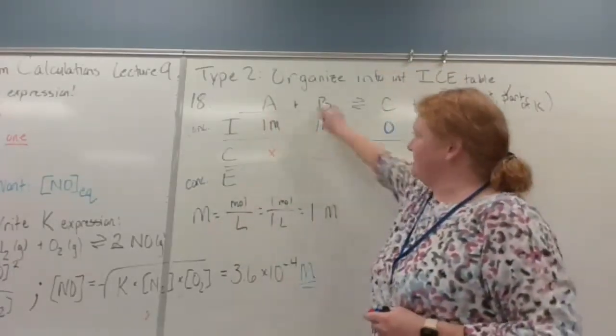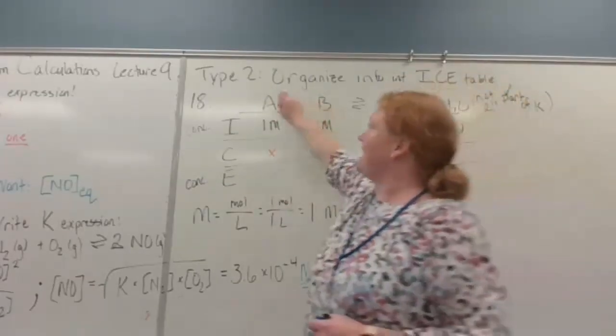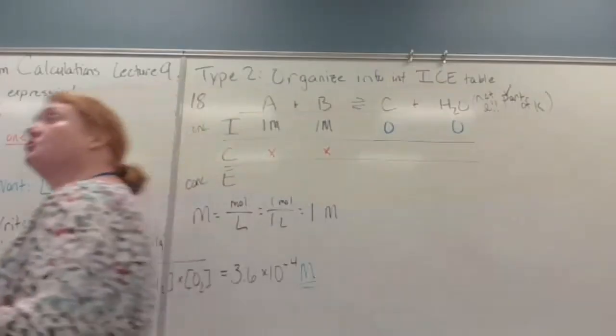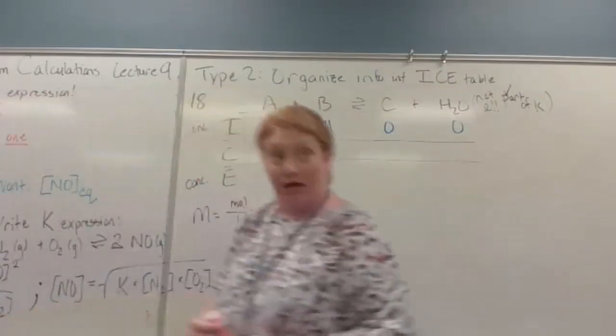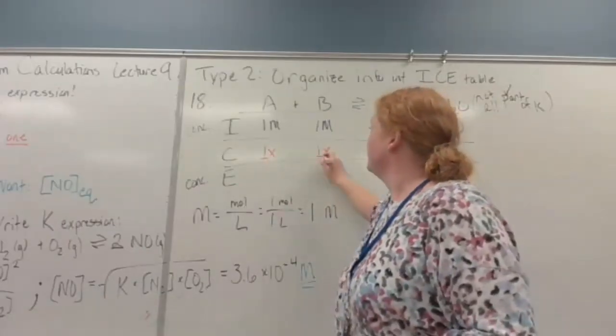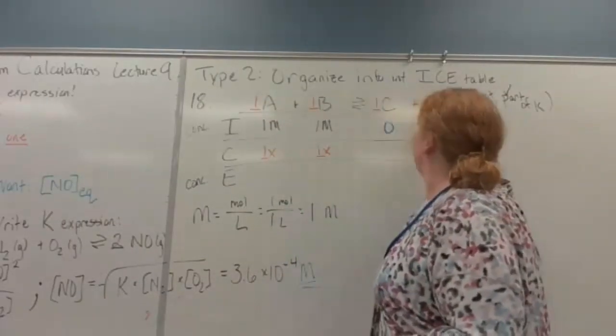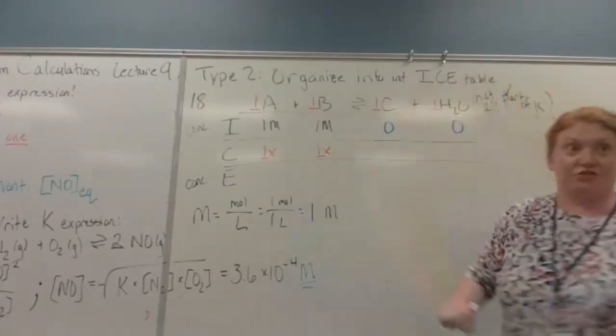Should A and B both change by the same amount? What is their mole ratio? 1 to 1. Guess what? We put the coefficient as a multiple of the change.